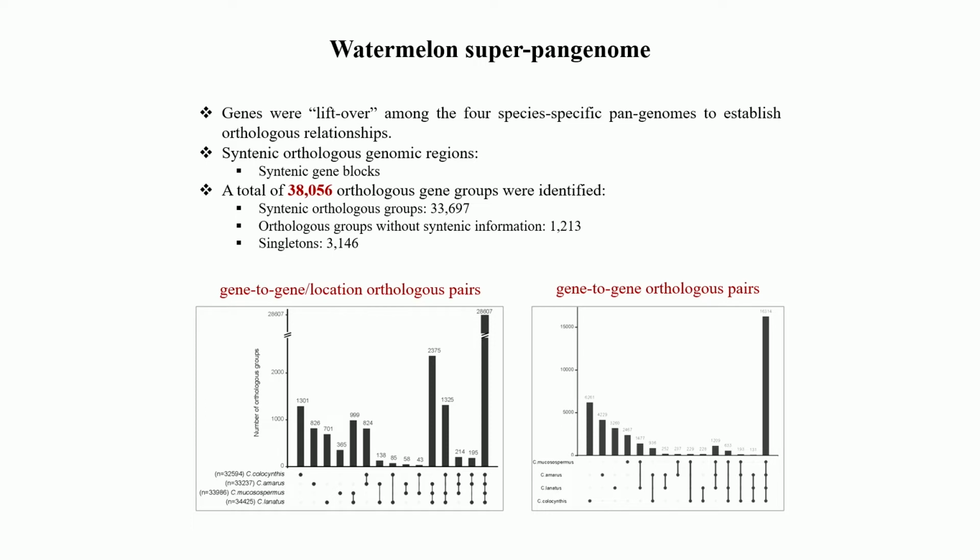The take-home message from this analysis is that we found a lot of orthologous genes with predicted protein coding genes in one species, but they have matched locations in other species where no gene can be predicted. That means in that region of that species, this gene could be a pseudogene, or the function could be lost. As shown in this figure, the first one is gene to protein coding gene, and also gene to location that does not contain predicted genes.